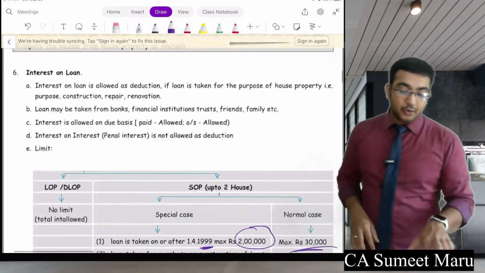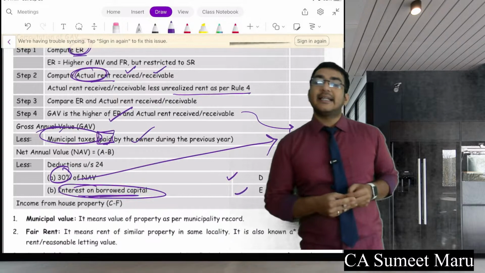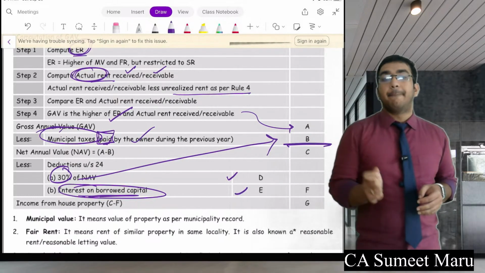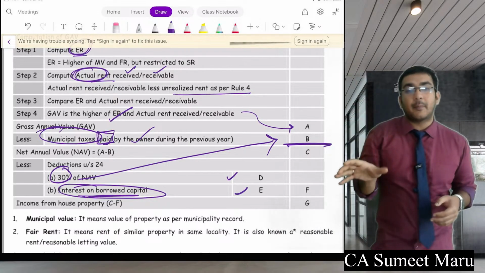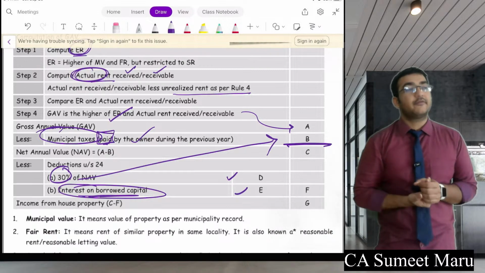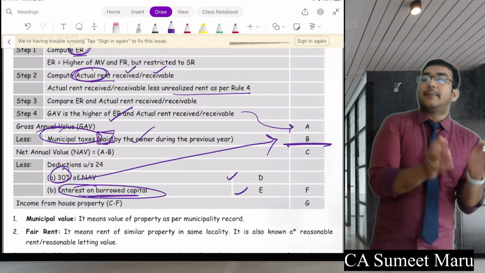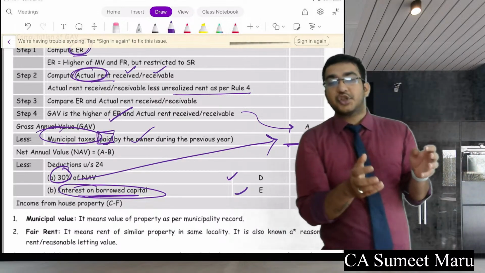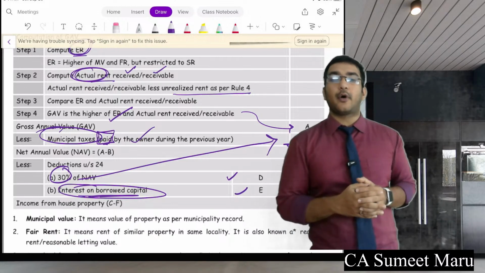So again I'm saying, we are at section 24(a) and (b). A is 30% of NAV, no problem. B is interest on borrowed capital. So you will see what kind of house property you have. If the house property is let out or deemed to be let out, the deduction is unlimited, no limit on the deduction for interest on borrowed capital.